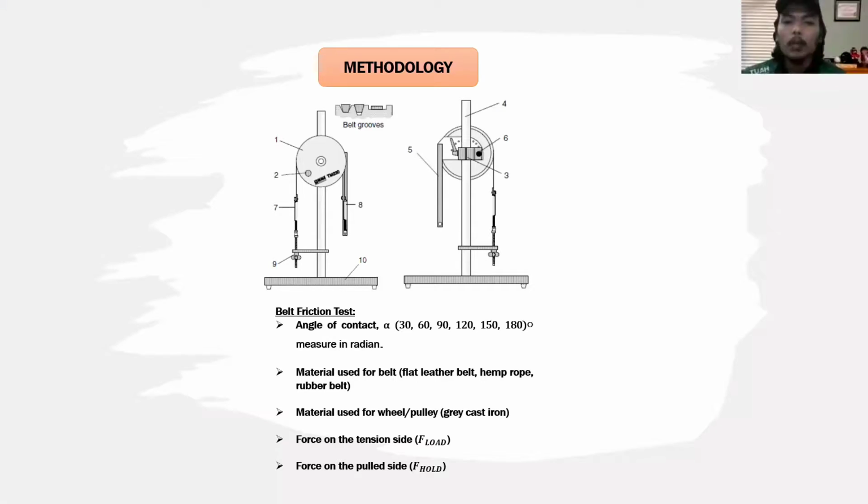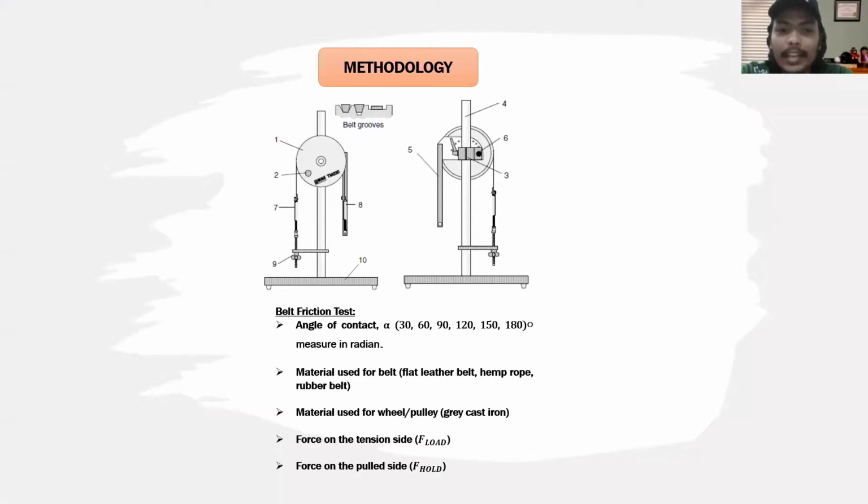To get the optimum result for a belting system, belt friction test is used to get the best combination of belting system in terms of angle of contact and material used for the belt. This friction test will study the angle of contact and material used for the belt.